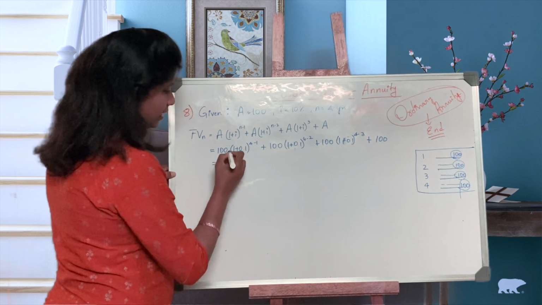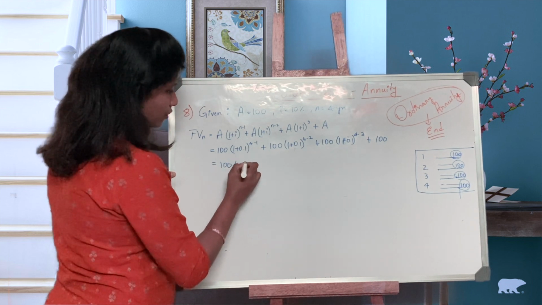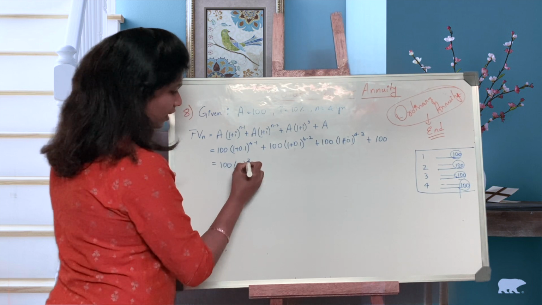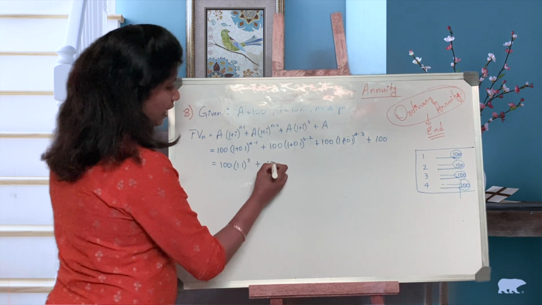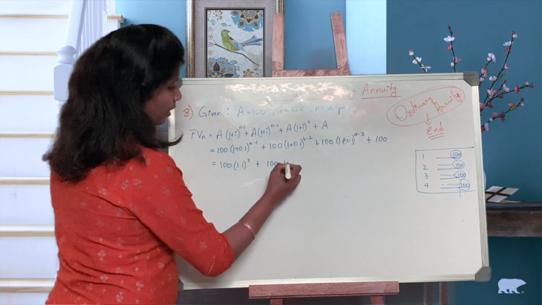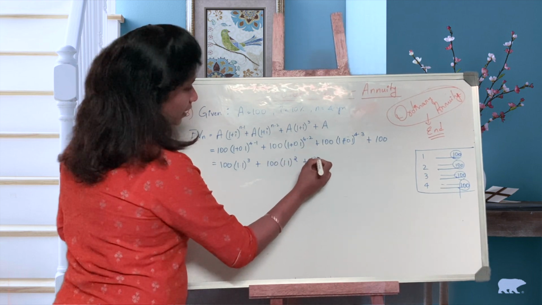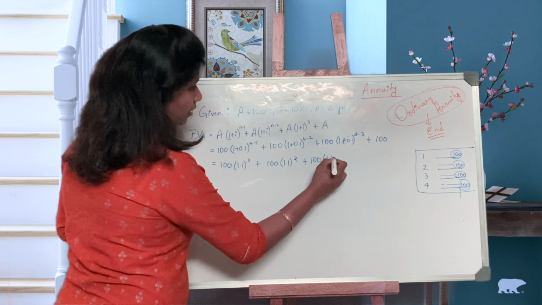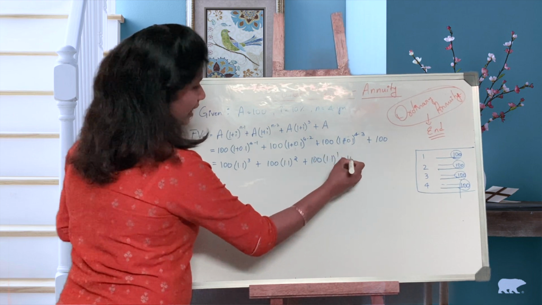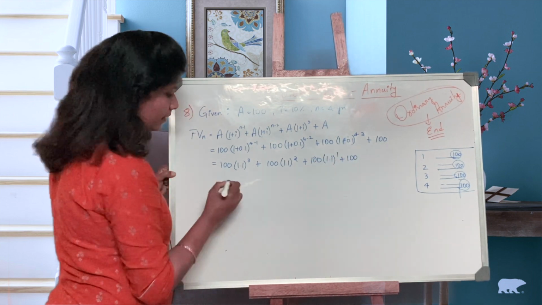Further classified: 100, 1.1 to the power of 4 minus 1 is 3, 100, 1.1 to the power of 4 minus 2 is 2, 100, 1.1 to the power of 4 minus 3 is 1, and then the last one is only 100.